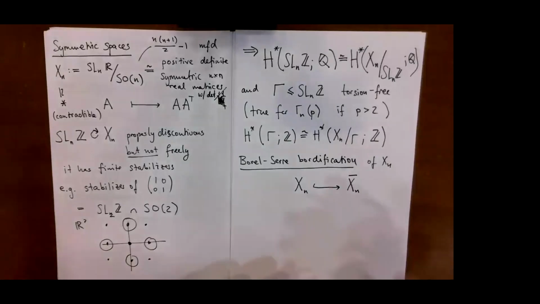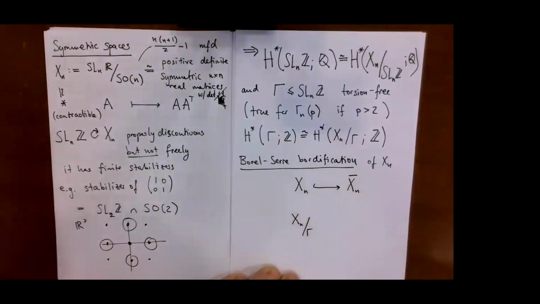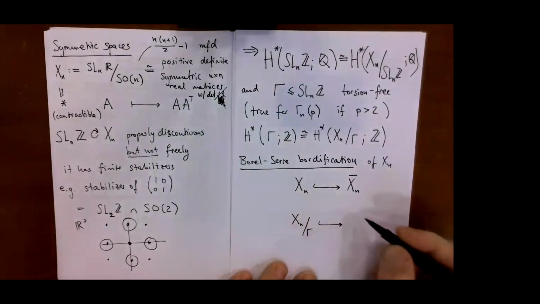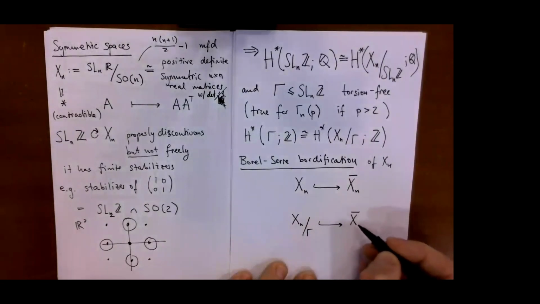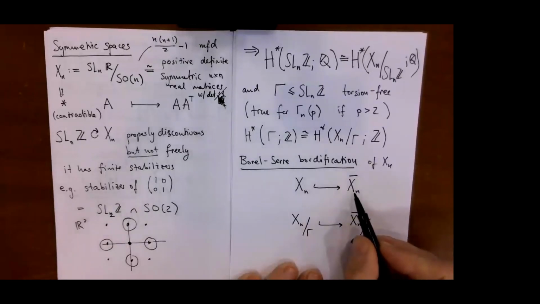Now, you also have a quotient that's called the locally symmetric space. And now, in the locally symmetric space, if you take the quotient here, this is supposed to be the one that is compact. This is not compact yet.